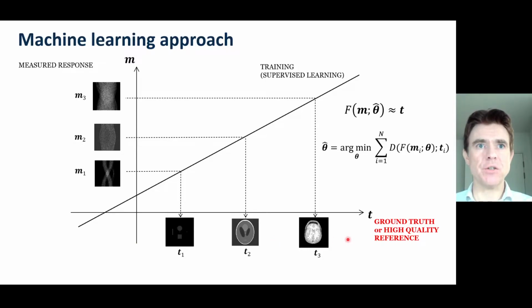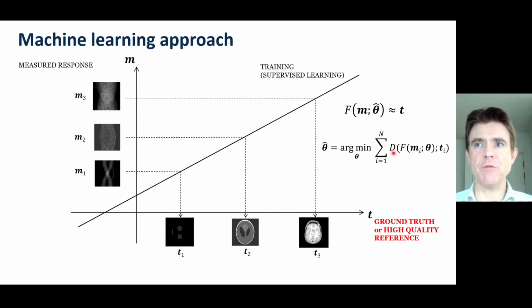This is our training set. So on this slide here, I'm only showing 3 training pairs, and we're going to use them in a supervised learning framework whereby we're finding the parameters theta such that for each of the capital N training pairs in our training set, we want to therefore minimize this distance, which in machine learning is often called a loss function.